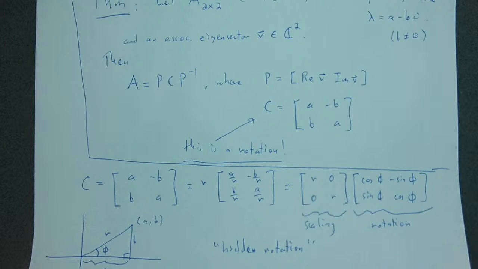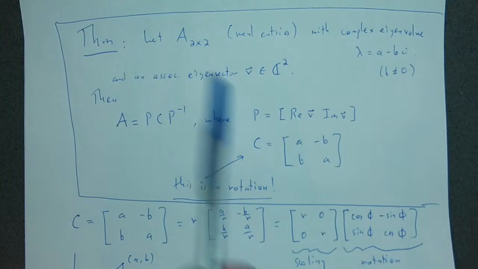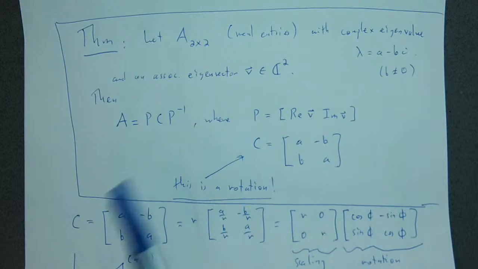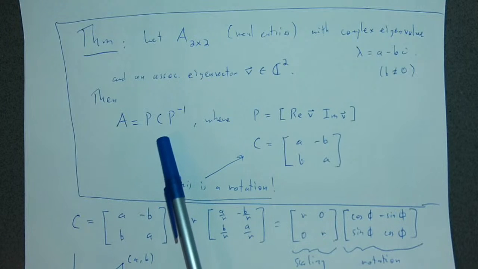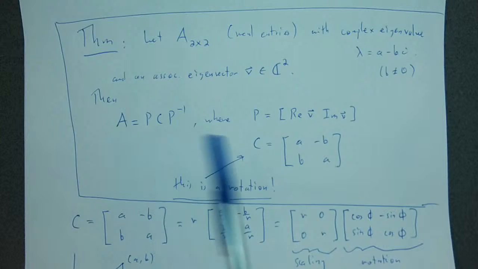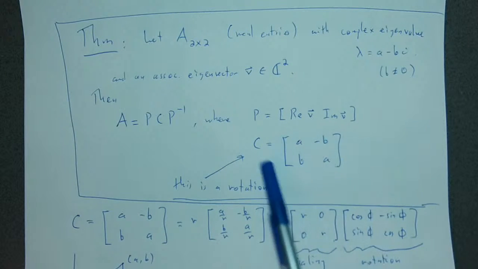So now that you've seen this, going back to this theorem, what does this say? While I can't diagonalize A, I can write out that A is similar to a matrix C, where hidden in this matrix C, the C is of a very particular form, the A and B coming from the eigenvalue itself, the real and imaginary parts of the eigenvalue itself.